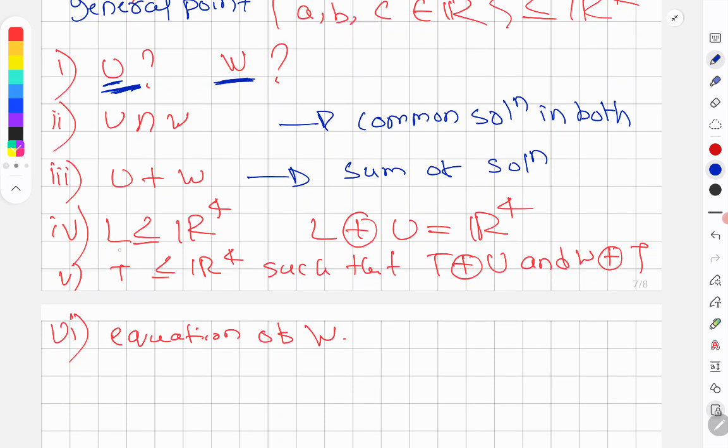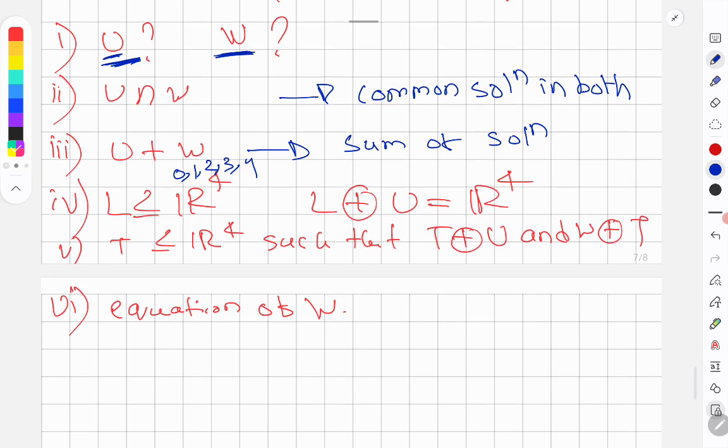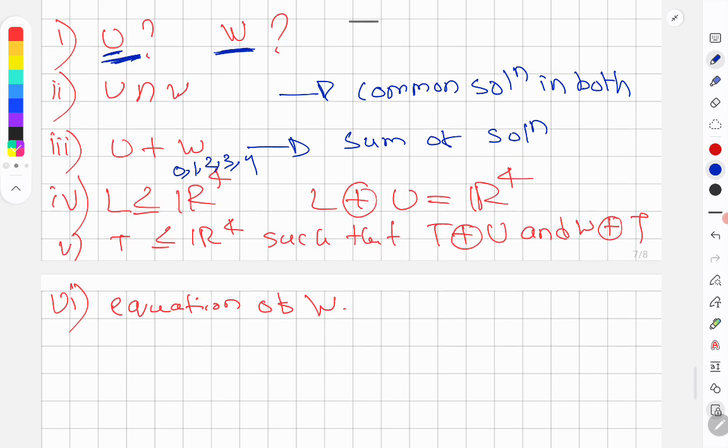And this one you have to move. L is a vector space. What does this question mean? L is a space whose dimension could be 0, 1, 2, 3 or 4. Do you know what the dimension of a vector space is? It's the number of vectors.